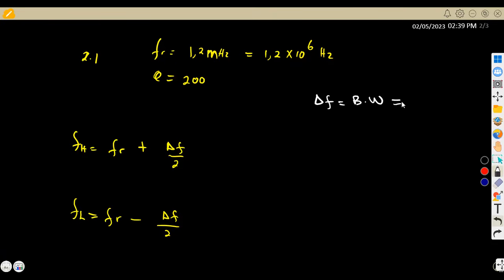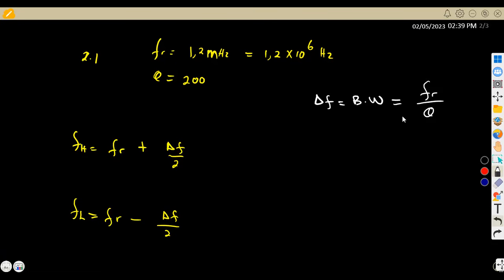We know that our bandwidth is actually, from our formula, FH minus FL. But in this case, we are to calculate this value, so there's no need for us to consider this. So it can be written as the resonant frequency over the quality factor. That is the ratio of these two is going to give us the bandwidth in this case, okay?